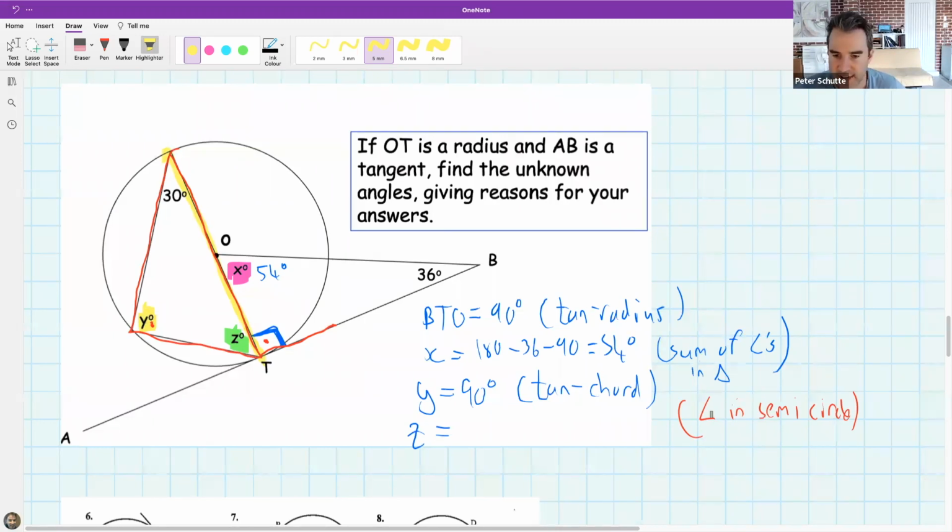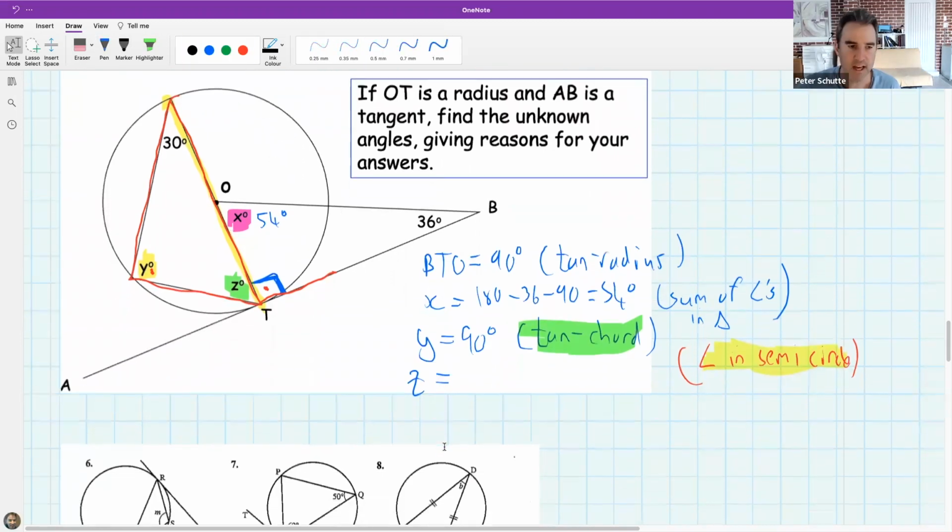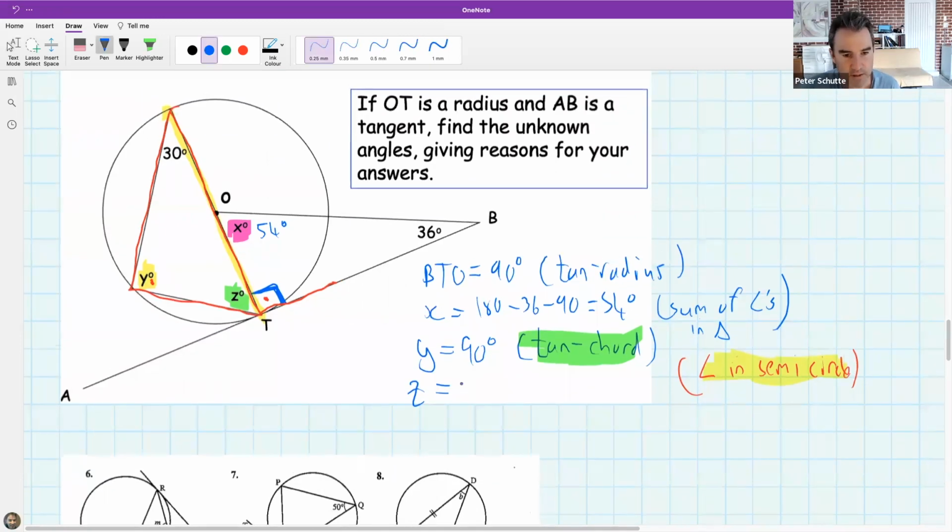So this is a case where if you mark matric exams, there's always multiple ways to do it. And both of those reasons would be acceptable. And then the last one is Z. Well, Z will be 180 minus 90 minus 30, which is 60. And the formal reason would be sum of angles in triangle.